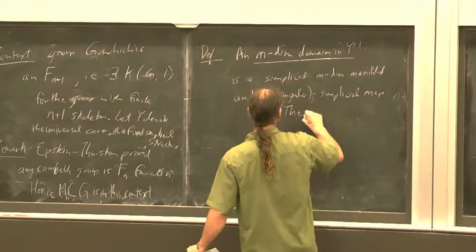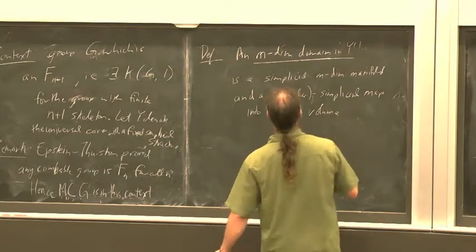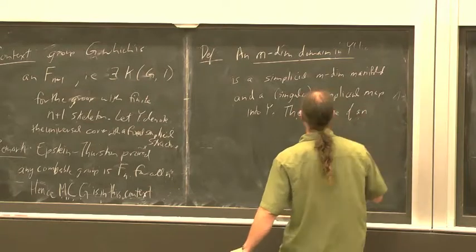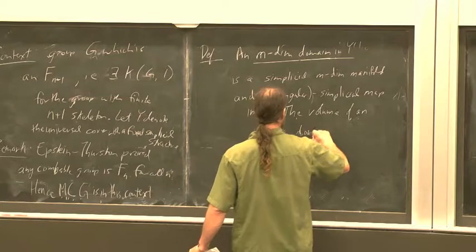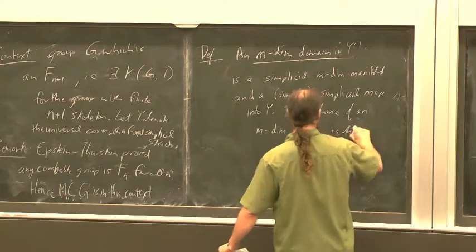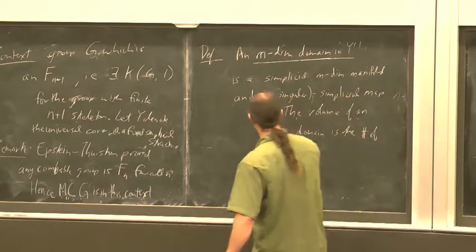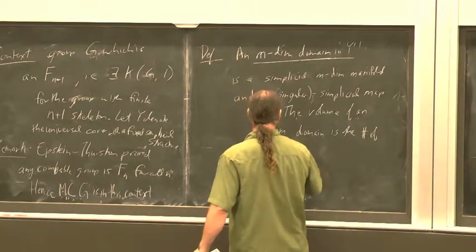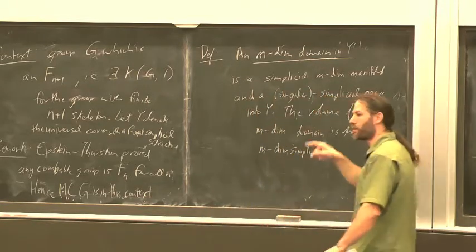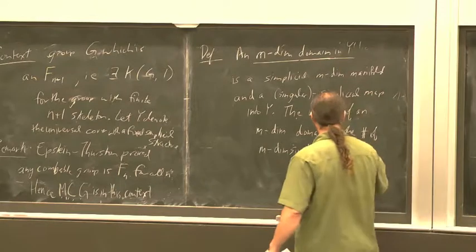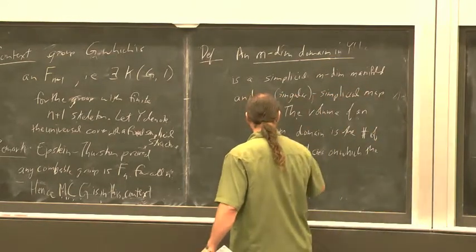So the volume of an m-dimensional domain is the cardinality, the number of m-dimensional simplices on which the map is a homeomorphism.